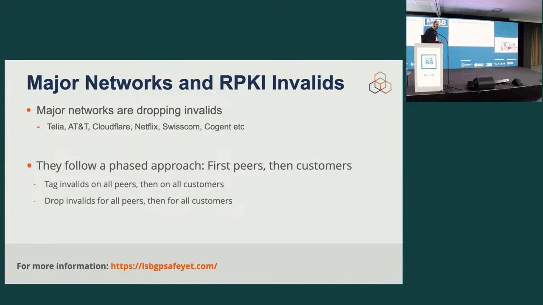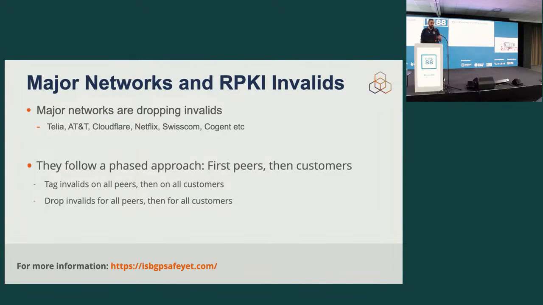Now, there are major networks out there today that are doing the RPKI validation, and they drop the invalids. These can be tier one operators, cloud providers, hosting providers, big service providers, you name it, everybody is doing it these days.